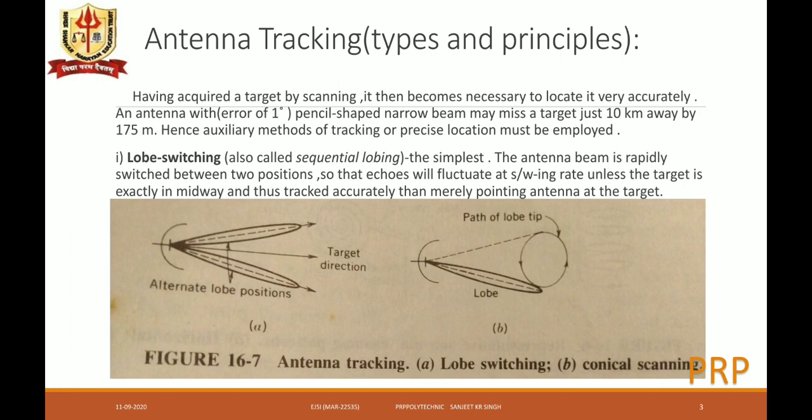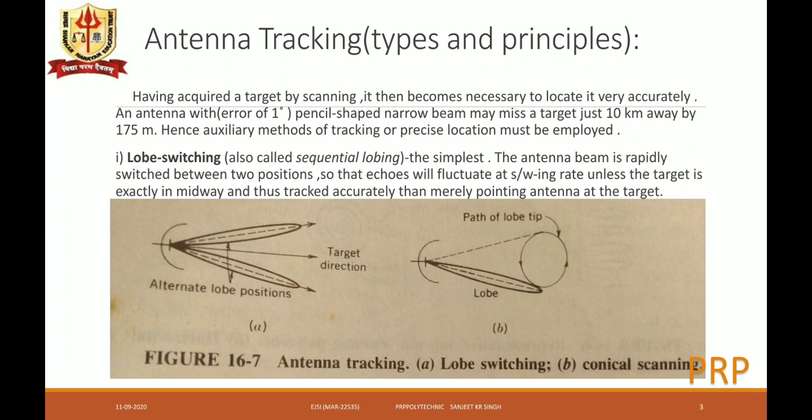An antenna with a 1 degree error in its location, even an antenna with a pencil shaped narrow beam, may miss the target at a distance 10 km away from the radar set by 175 meter. So the accurate location of the target has to be very precisely determined from the echo pulses. Hence an auxiliary method of tracking or precise location must be employed.